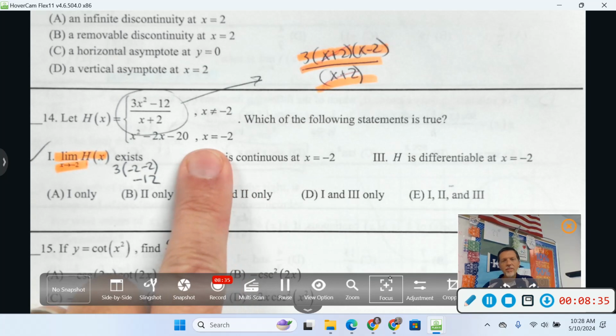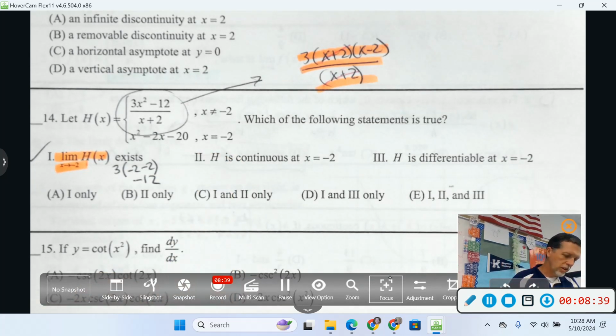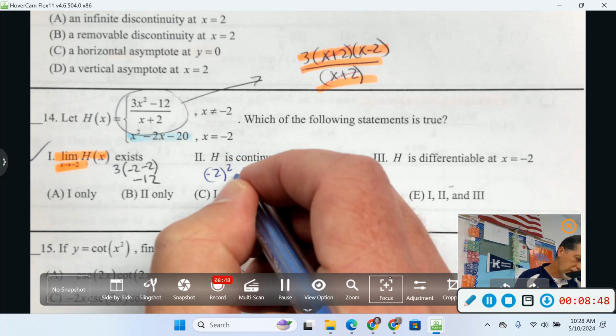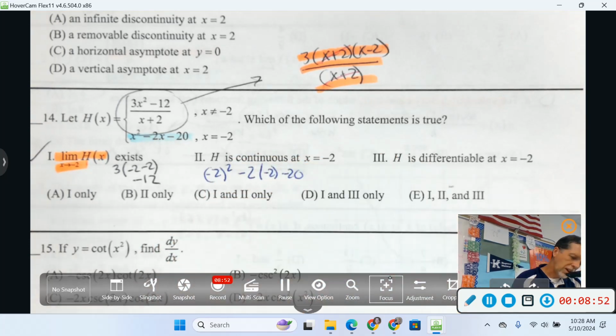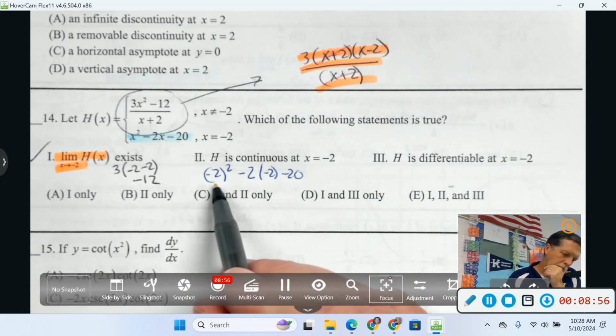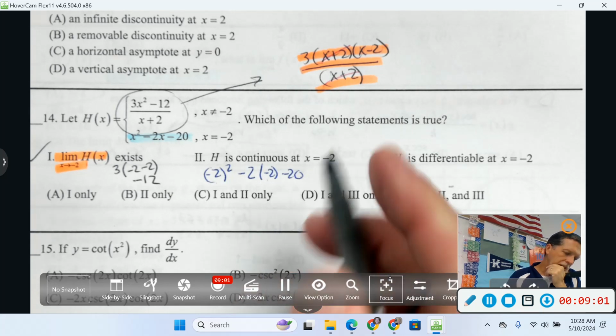Continuous will ask, well, does this second piece fill the hole? So let's check the blue one. Negative 2 squared minus 2 times negative 2 minus 20. So that would be 4 plus 4 minus 20.